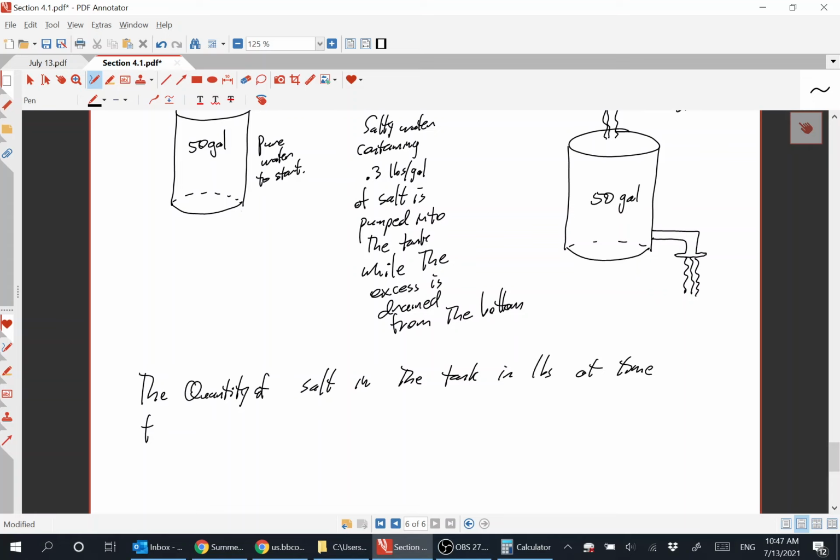Minutes? Yeah, minutes. Is given by the following, what's called logistic function.